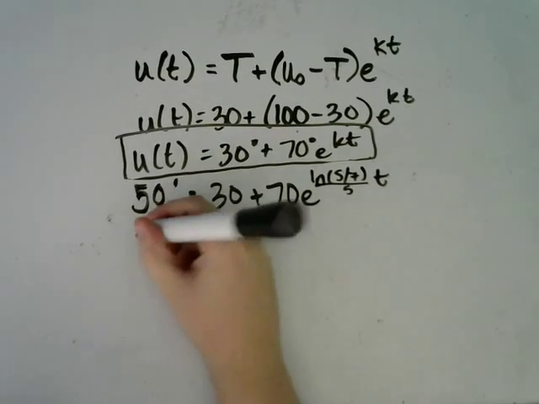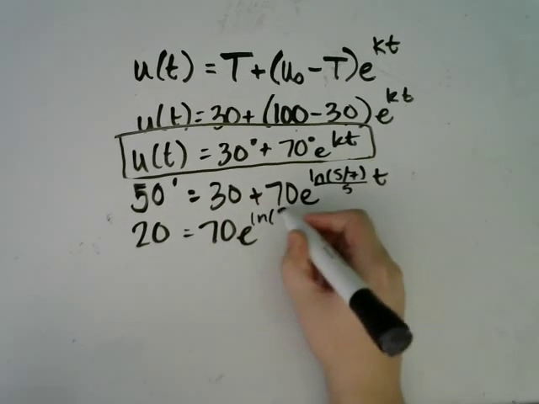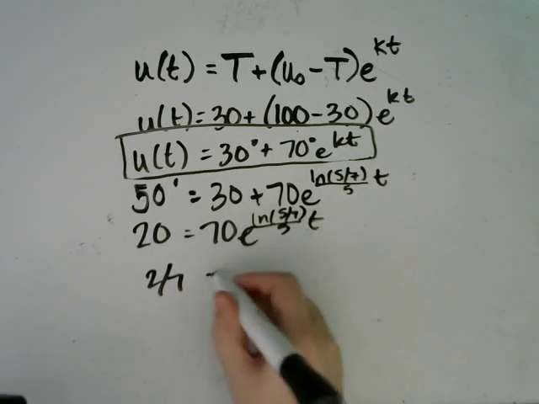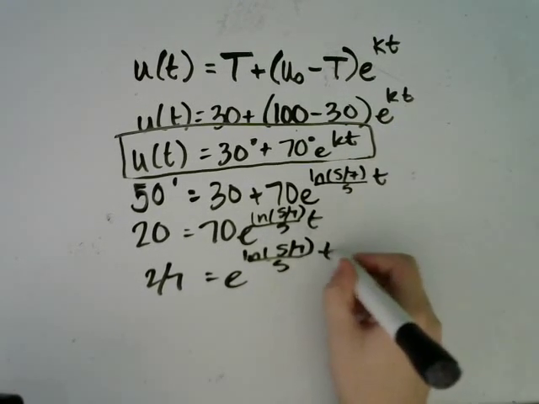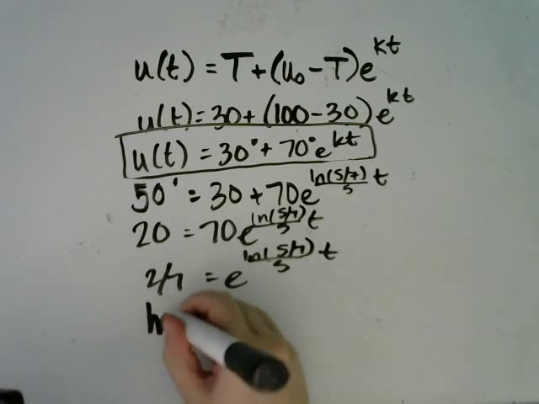Subtract 30 from both sides of the equation. Divide by 70. ln both sides.